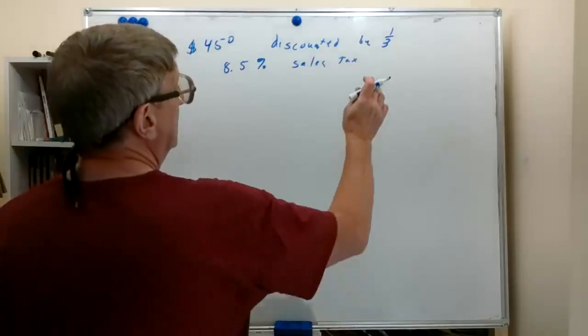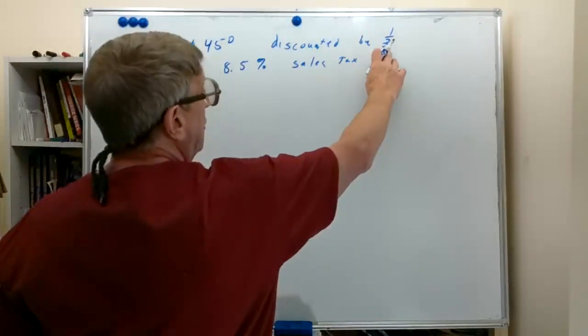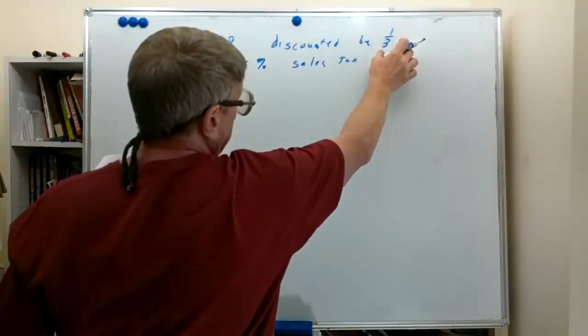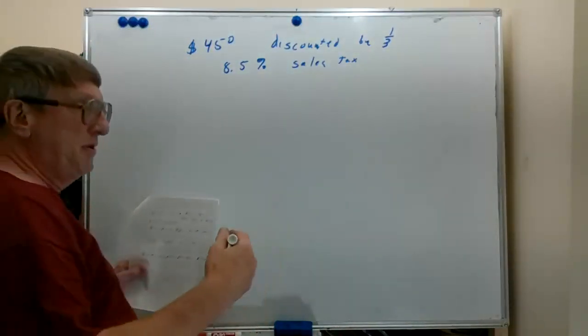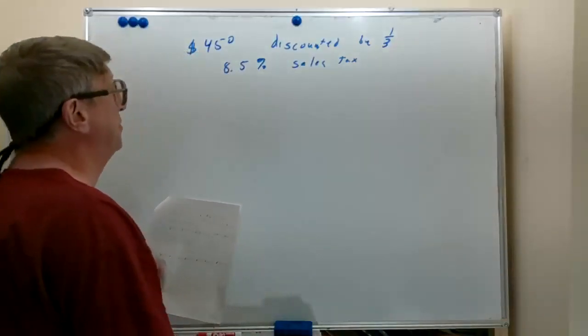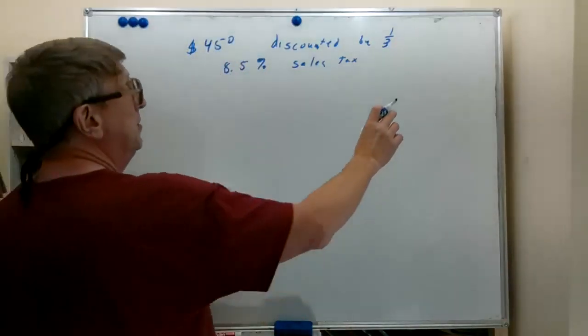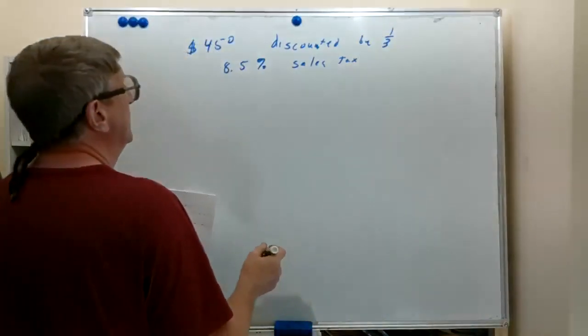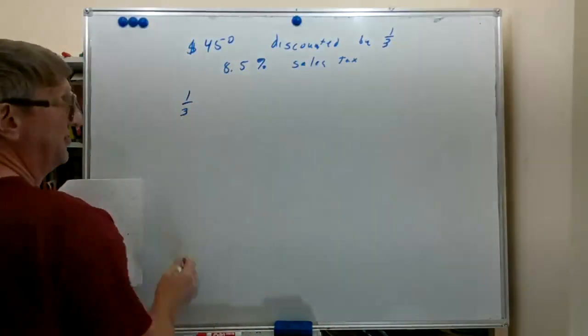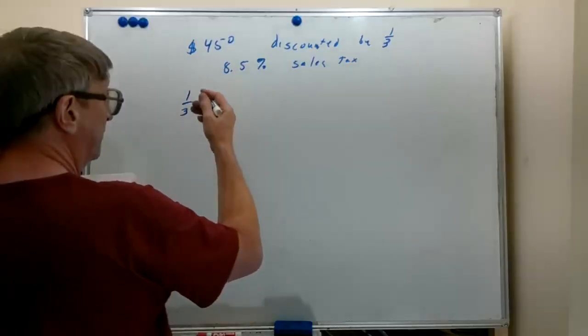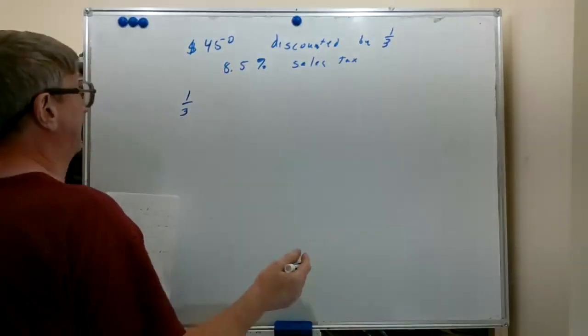Well, 1/3 is already in pretty much a decimal type of relationship. We could convert that to 0.3333 repeating and multiply it by 450, but 1/3 works good too. So we're going to go 1/3, the decimal version of the percentage of discount.